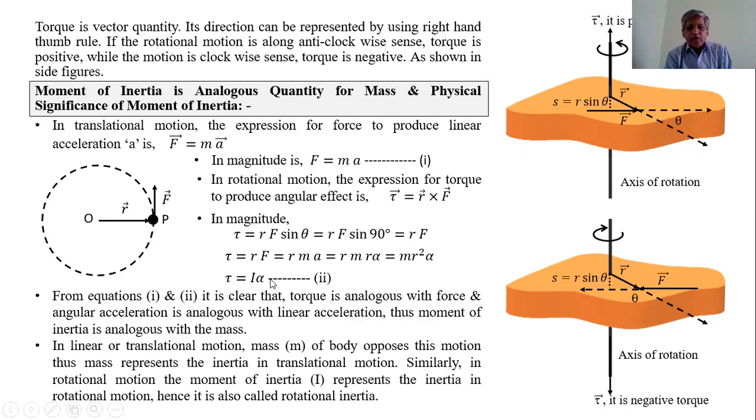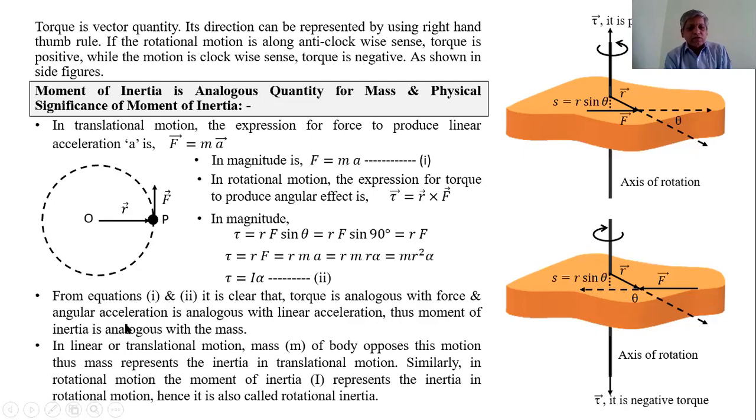Alpha is angular acceleration and a is linear acceleration. Both are analogous to each other. Also, in earlier standards, we studied that the torque is analogous with the force F. So the remaining third quantity in this formula is mass, and here the remaining quantity is I. That means I is also analogous with the mass.